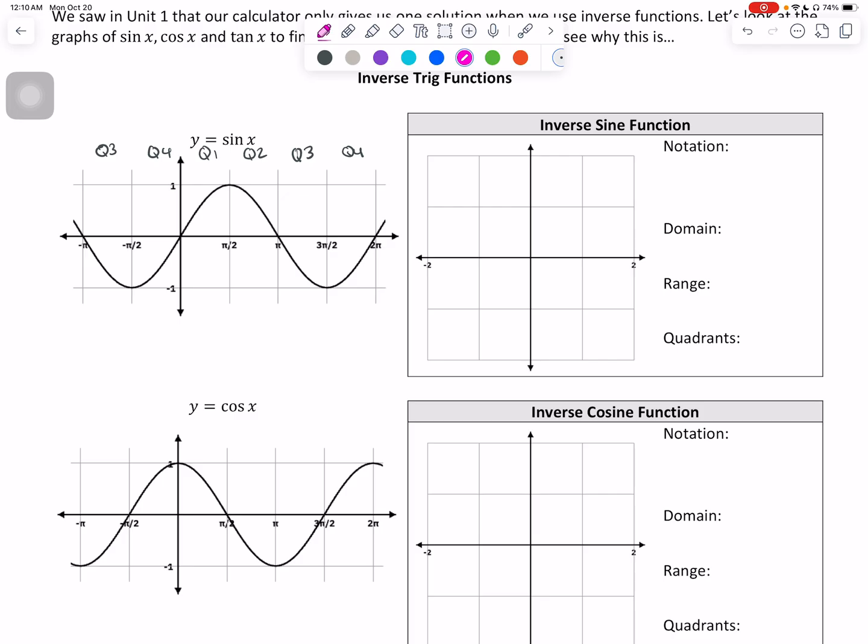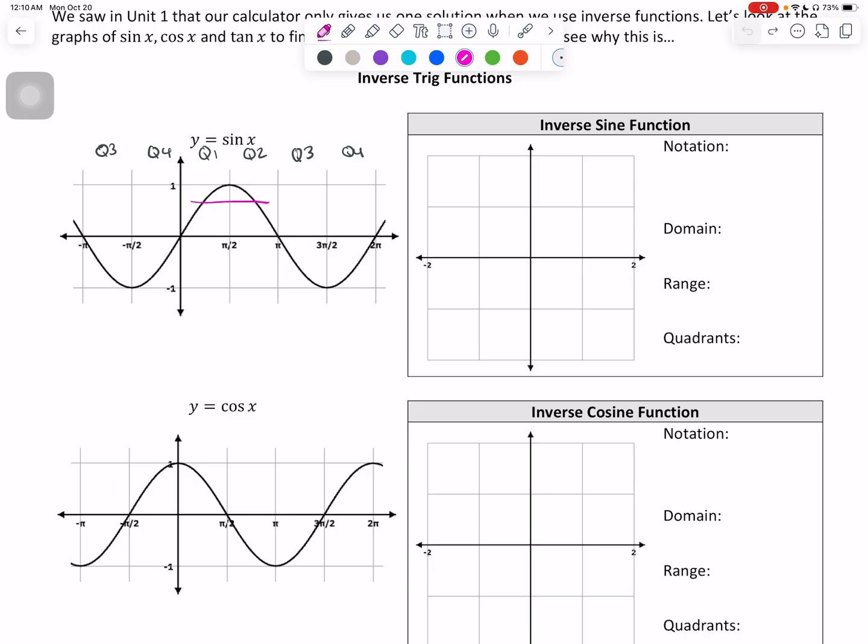If I were to draw a horizontal line and it fails the horizontal line test, that means the inverse would not be a function. So right here in quadrants 1 and 2, it would hit the function 2 times, okay? So if quadrants 1 and 2 are used, my inverse could not be a function.